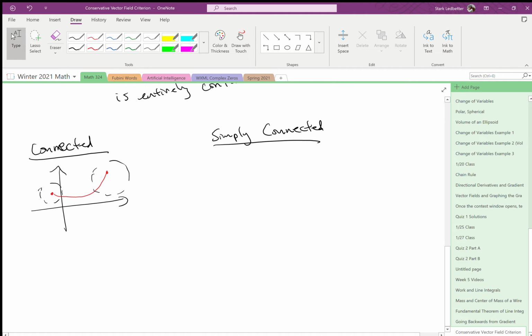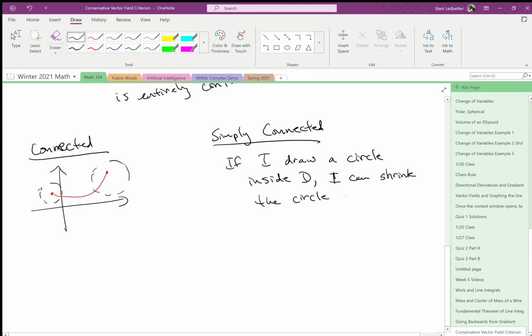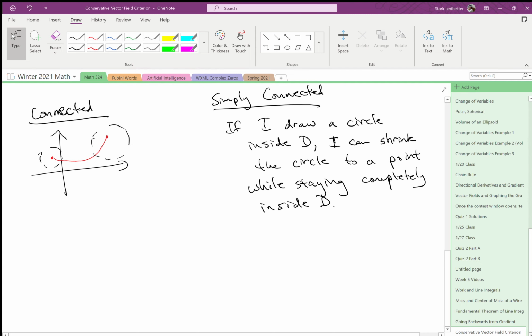Simply connected means if I draw a circle inside D, I can shrink the circle to a point while staying completely inside D. Okay, let's see, is that the same or different than connected?